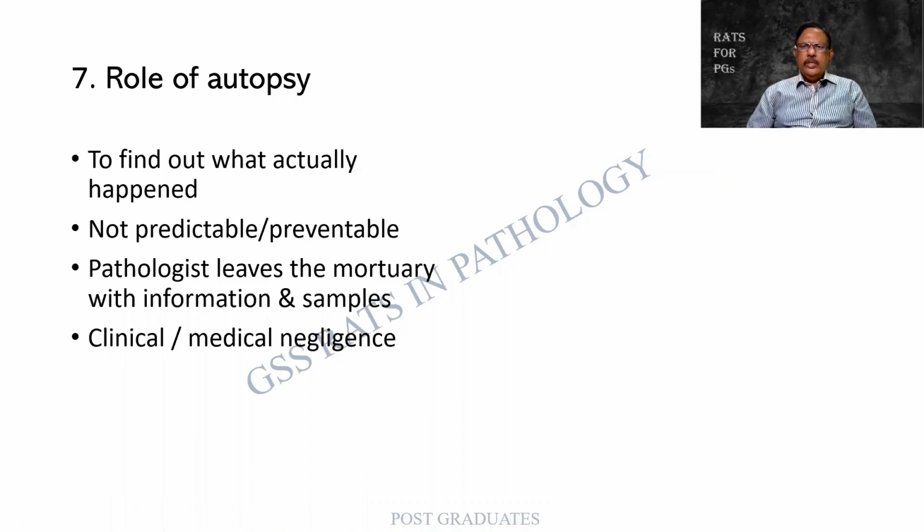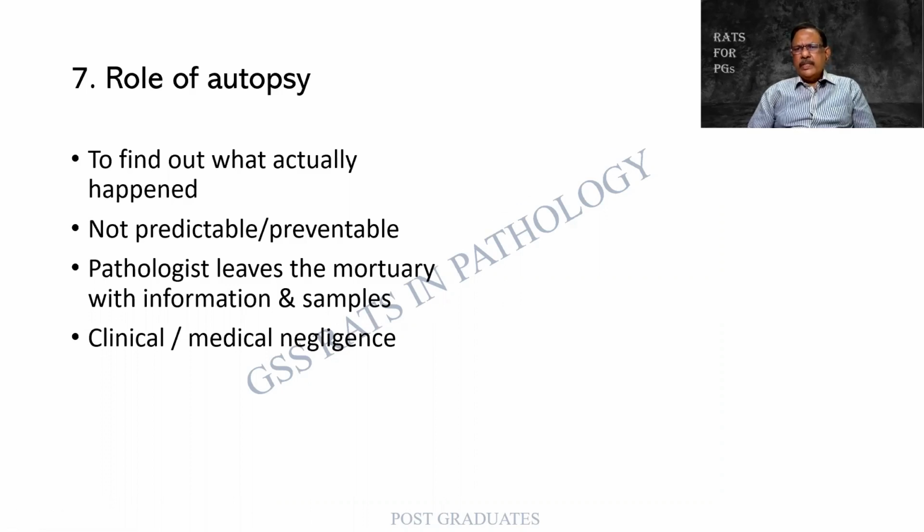Now, what is the role of an autopsy? In this case, generally, the autopsy is performed to find out what actually happened. Most of the causes are not predictable or preventable. The pathologist is supposed to leave the mortuary with information as well as samples. So sampling will be of paramount importance.